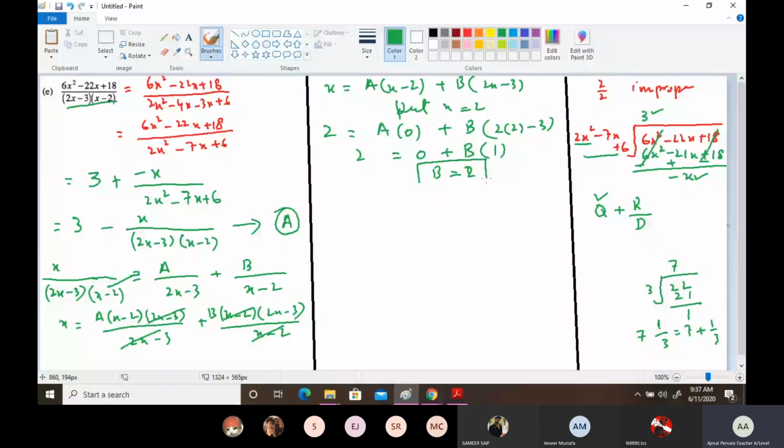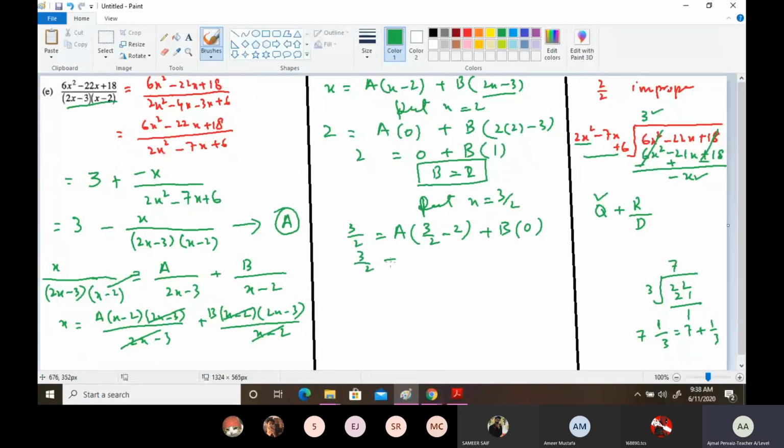Is it fine till here? Now similarly, we'll put something over here to make it 0. And this is x is equal to 3 over 2, which will make it 0. Put x is equal to 3 over 2. This factor will be 0. 3 over 2 minus 2 plus B times 0.